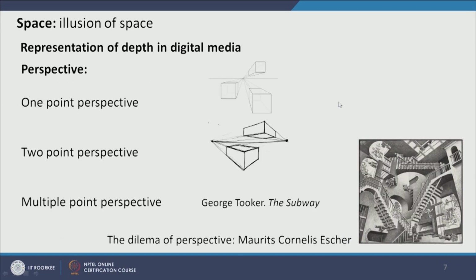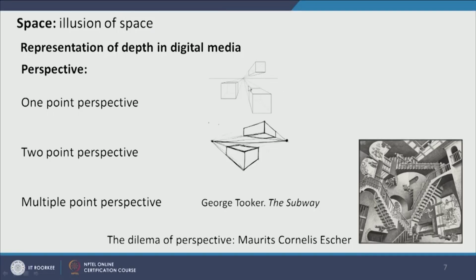The perspective can be of different qualities. One is one point perspective. The first example on the top is one point perspective, where every line vanishes at a single point. The next example is two point perspective, where there are two points and all the lines vanish at these two points. There can also be multiple point perspective, for example George Tucker's The Subway, which you can see online.